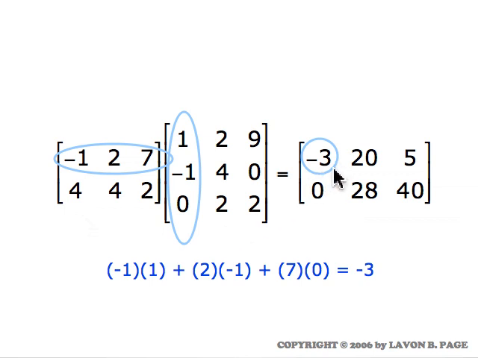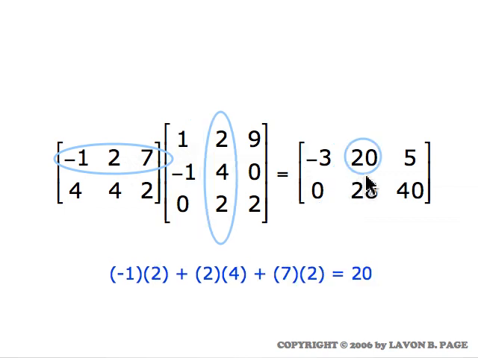To determine what goes in the row 1, column 1 position, we do row 1 of the left matrix times column 1 of the right matrix. -1 times 1 plus 2 times -1 plus 7 times 0 is -3.